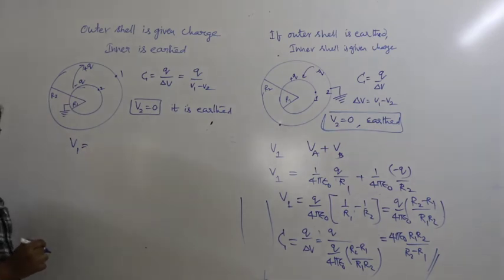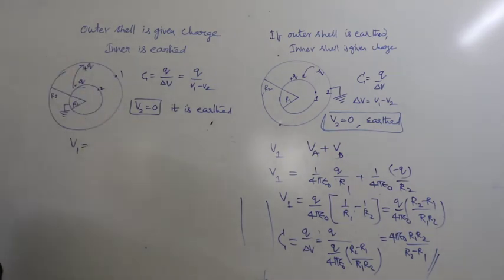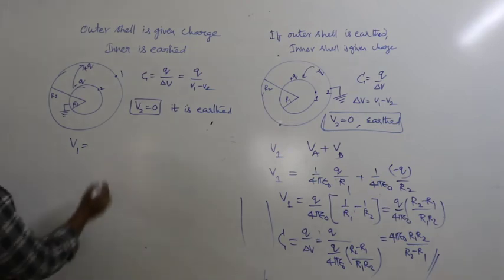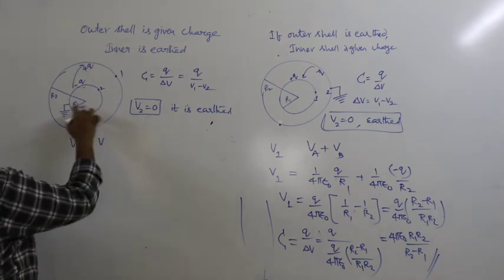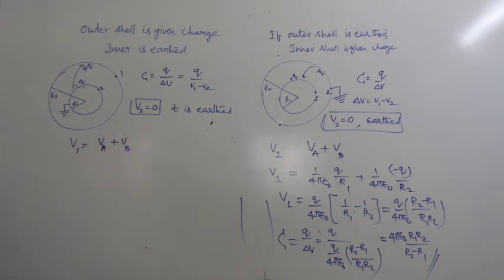Potential at the first point is because of this sphere and this sphere. So you can say the potential due to sphere A plus the potential due to B, first sphere A and second sphere B. What is the charge on the first one? It is minus q because we have given.